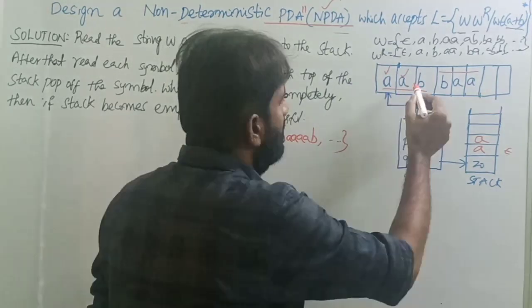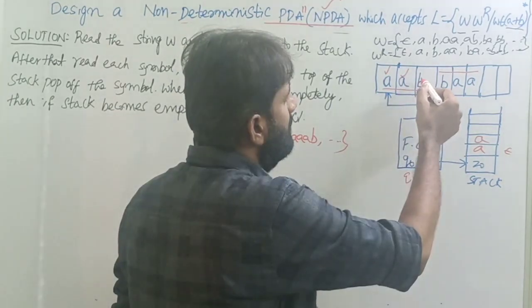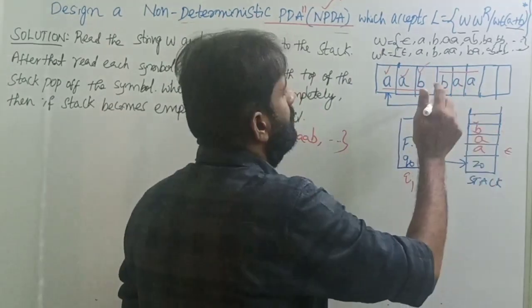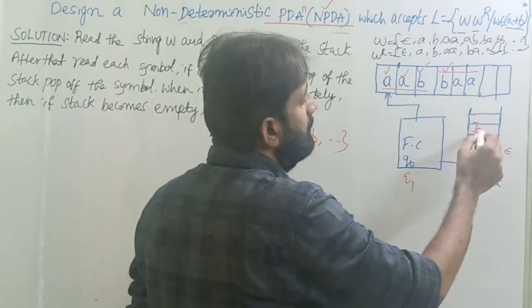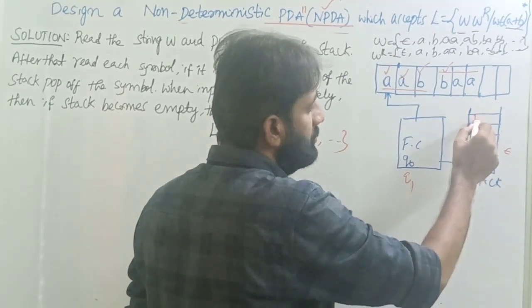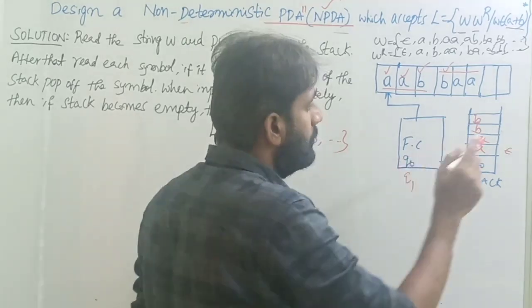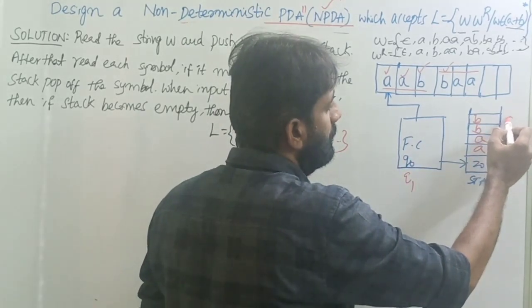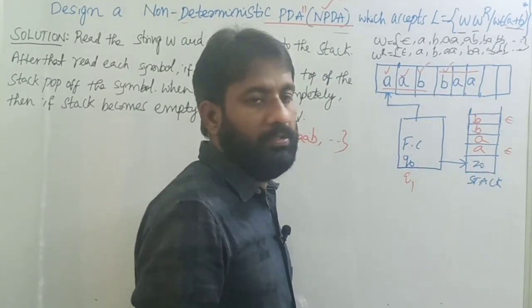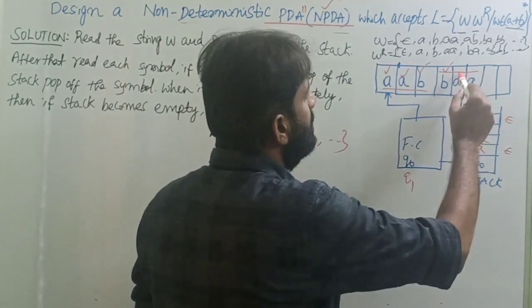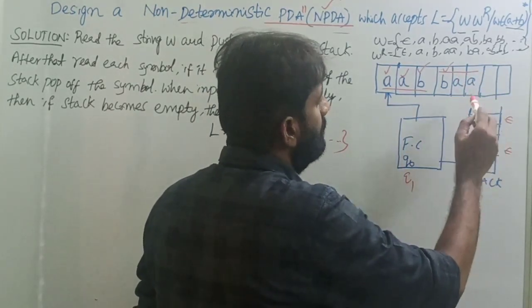Then next input symbol is B, read B, add onto the stack. Next input symbol is B and top of the stack is B, so you can add B onto the stack is one possibility, or else you can do the pop operation. Then next input symbol is A, you can add A onto the stack.